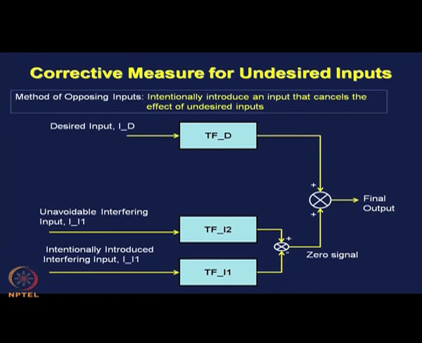Another way of taking corrective measure for undesired inputs will be method of opposing inputs. Here we intentionally introduce an input that cancels the effect of undesired inputs.